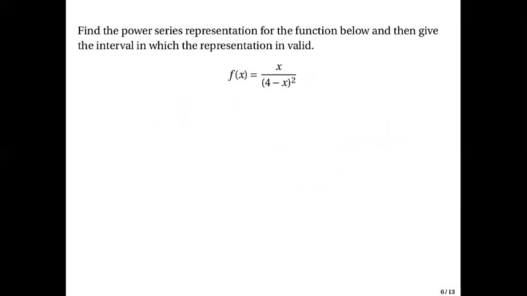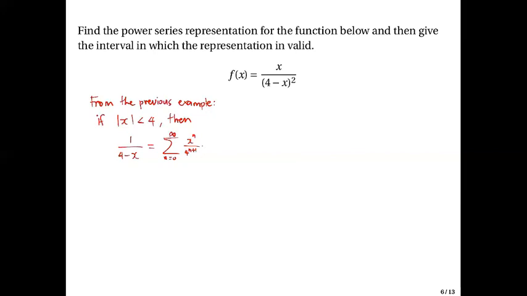So from the previous example, we have the following: if the absolute value of x is less than 4, then we have 1 over 4 minus x equal to the series x to the n over 4 raised to n plus 1, from 0 to plus infinity.